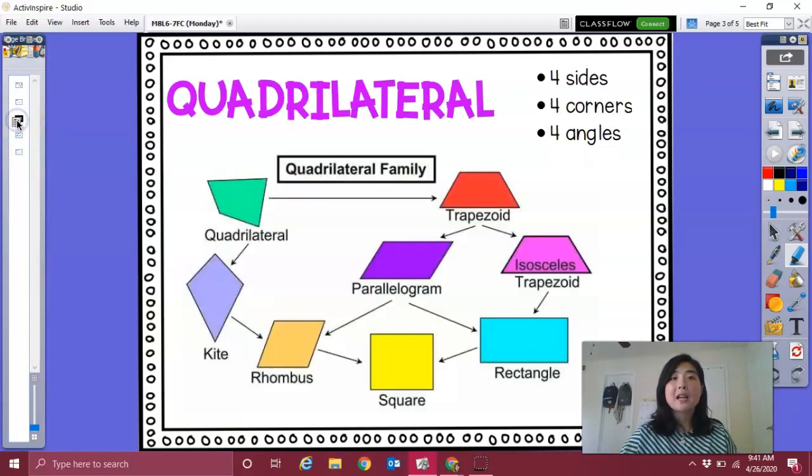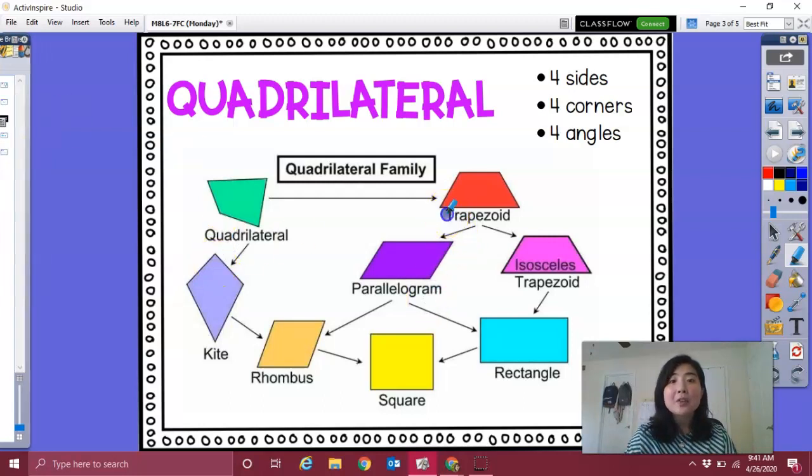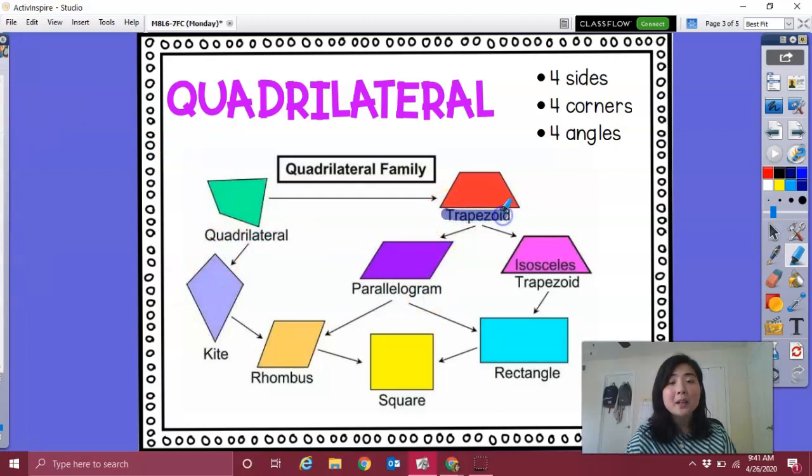The next polygon I would like to talk about is a quadrilateral. A quadrilateral has the following attributes or characteristics. They have 4 sides, 4 corners, and 4 angles. And I would like to review trapezoid, parallelogram, and rhombus.